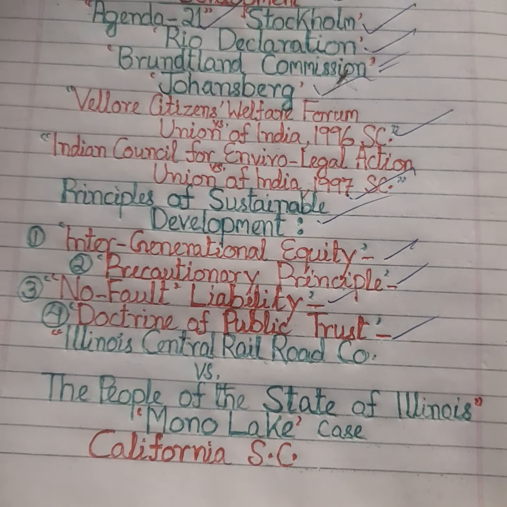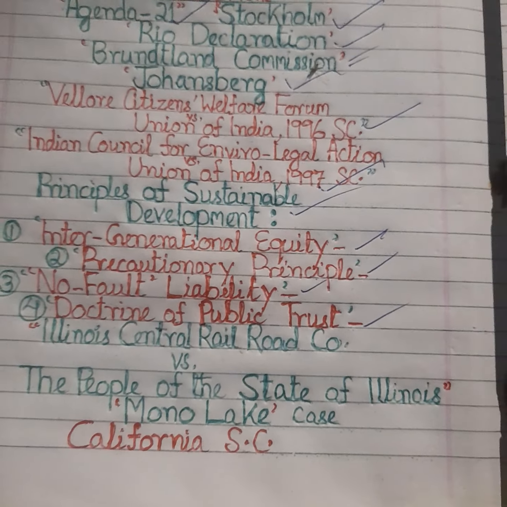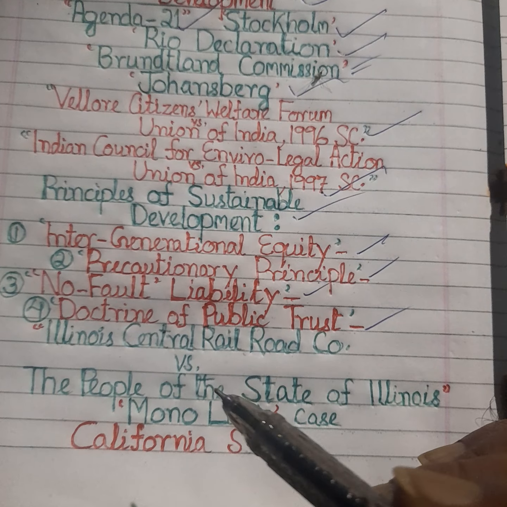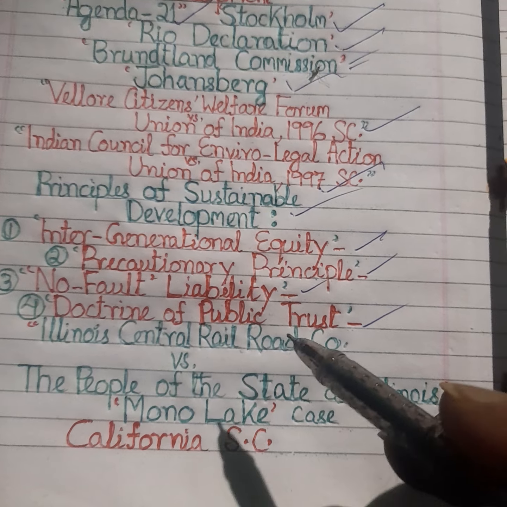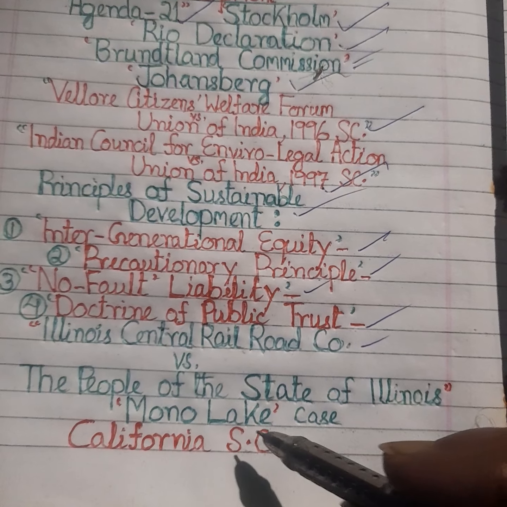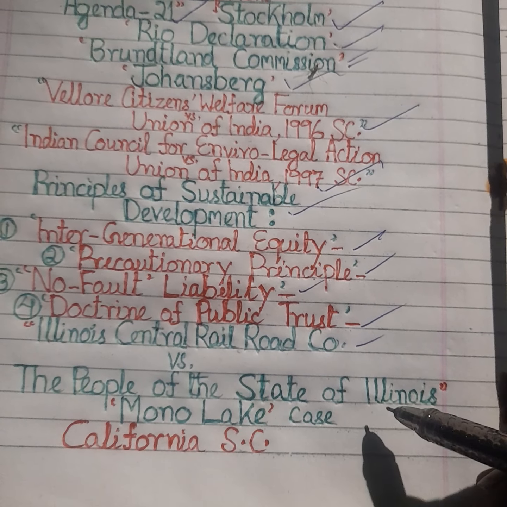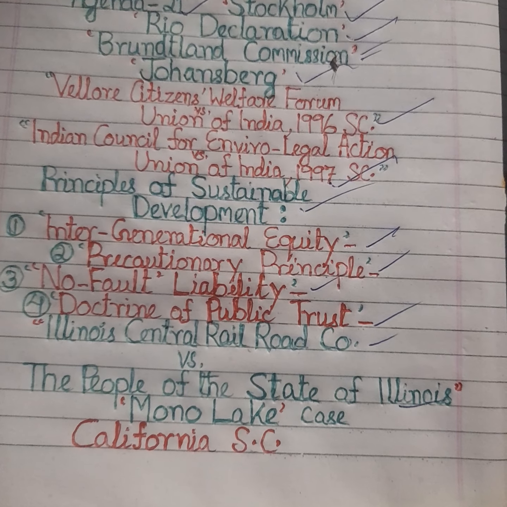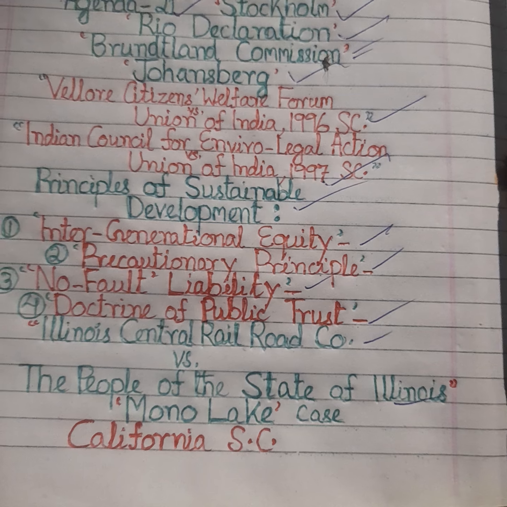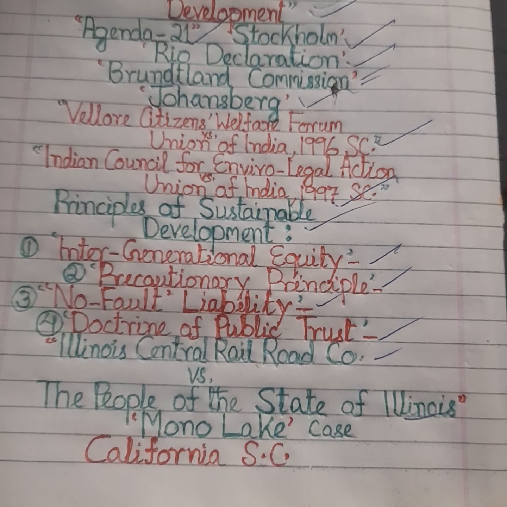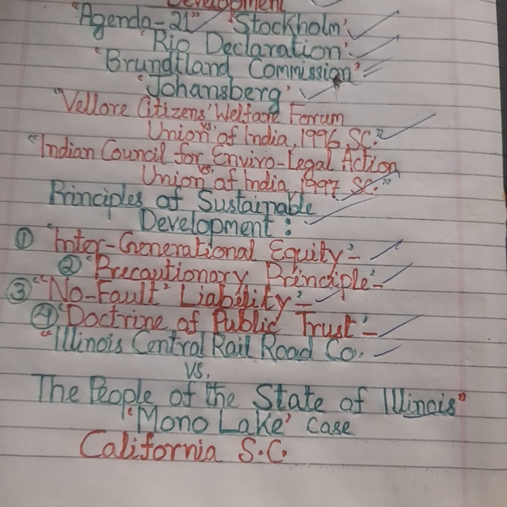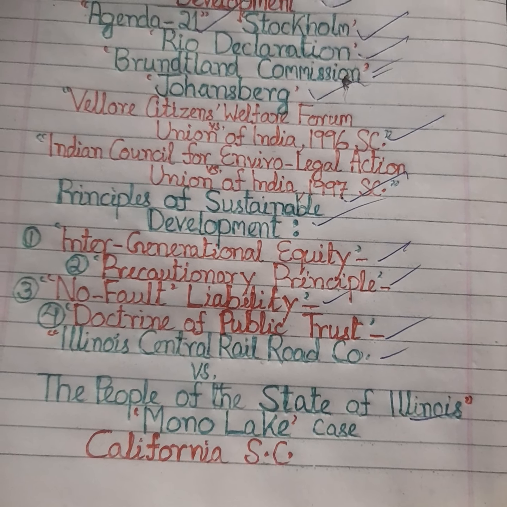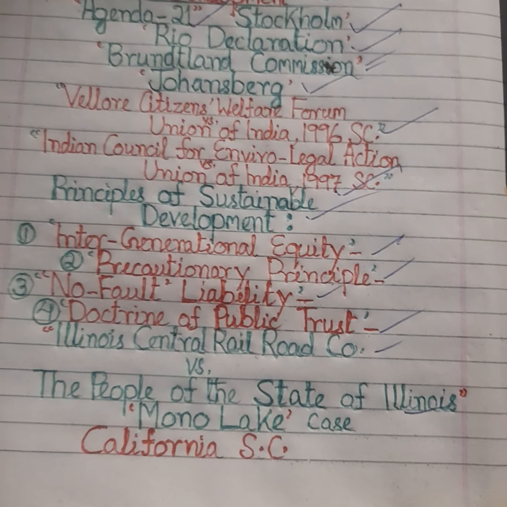In that context, I would like to discuss the decision of the American Supreme Court in the leading case Illinois Central Railroad Company versus the People of the State of Illinois, where the American Supreme Court held that the doctrine of public trust has been in existence since Roman times.